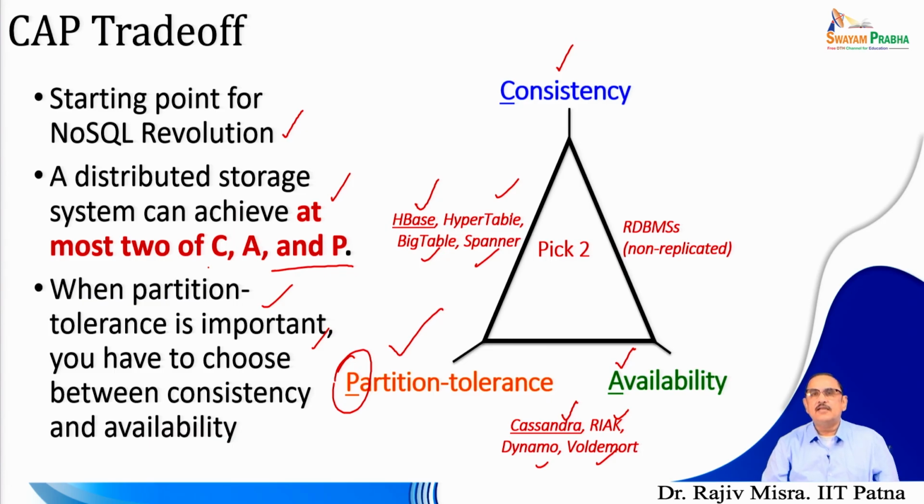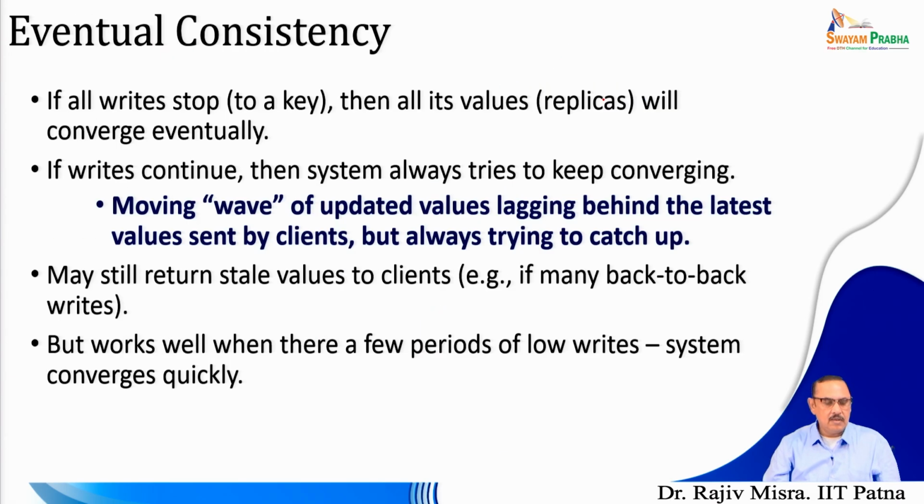Now, here you can see that an RDBMS is not replicated, therefore partition is not there; it is running on a single server machine. So, consistency and availability are ensured. Now let us understand the eventual consistency which is there in Cassandra. If all writes stop to a key, then all its values, that is, the replicas, will converge eventually.